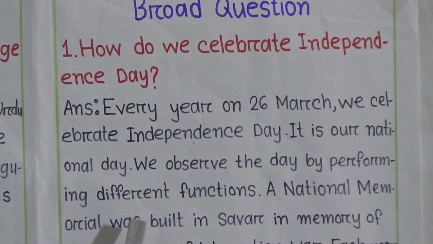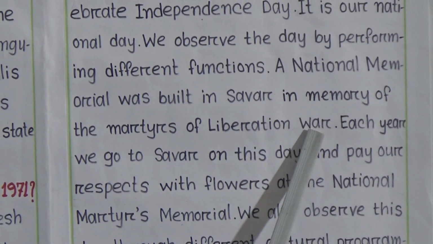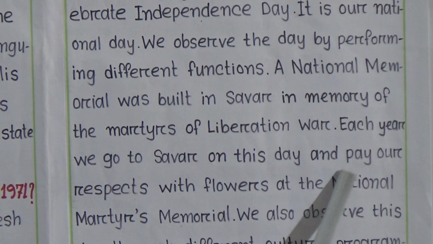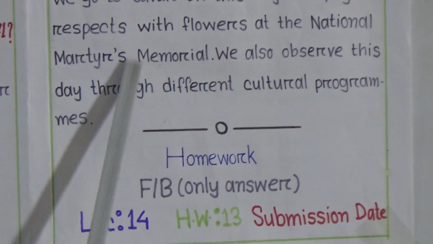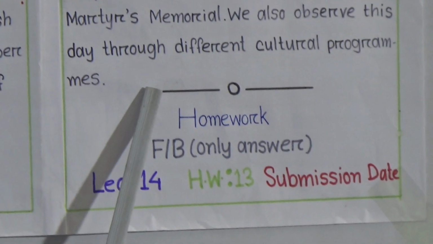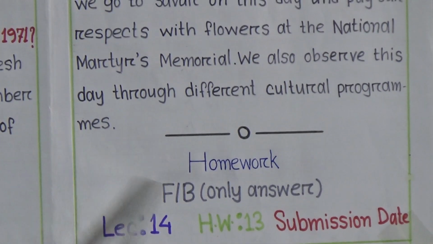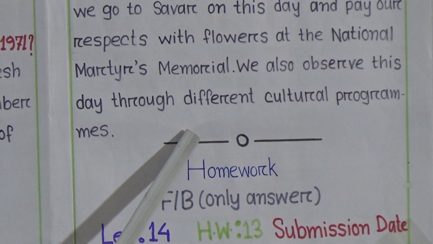Our national memorial was built in Savar in memory of the martyrs of the Liberation War. Each year, we go to Savar on this day and pay our respects with flowers at the National Martyrs Memorial. We also observe this day through different cultural programs. Students, that's for our only broad question from this chapter.